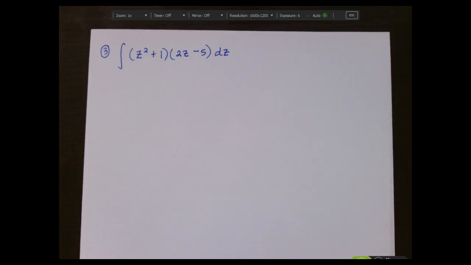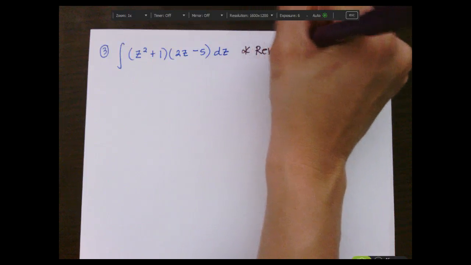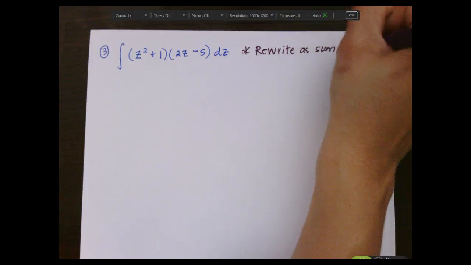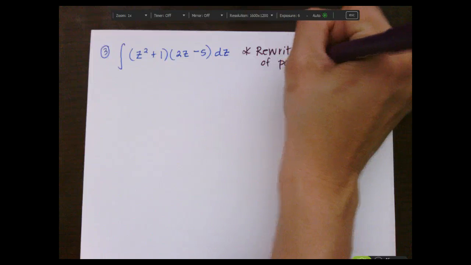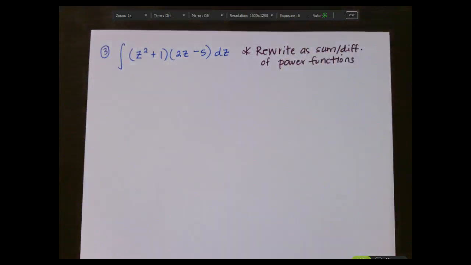Before I actually do my integration, let's rewrite this. So I need to rewrite it as the sum or difference of power functions. And right now it's written as a product of 2 binomials, so that doesn't work for me.